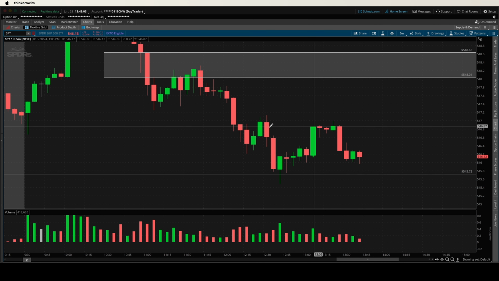It kind of hit it here, which was perfect. It's a good little trade, though it depends on the contracts you get, theta and everything, options, etc. But that's how I would use my levels.